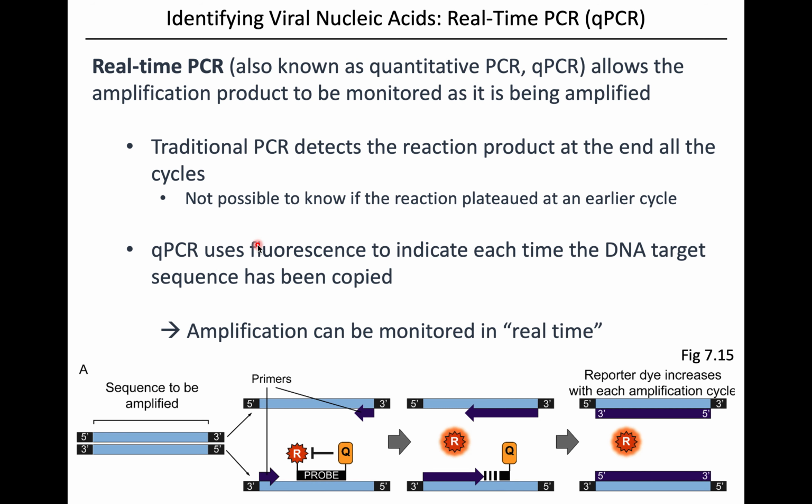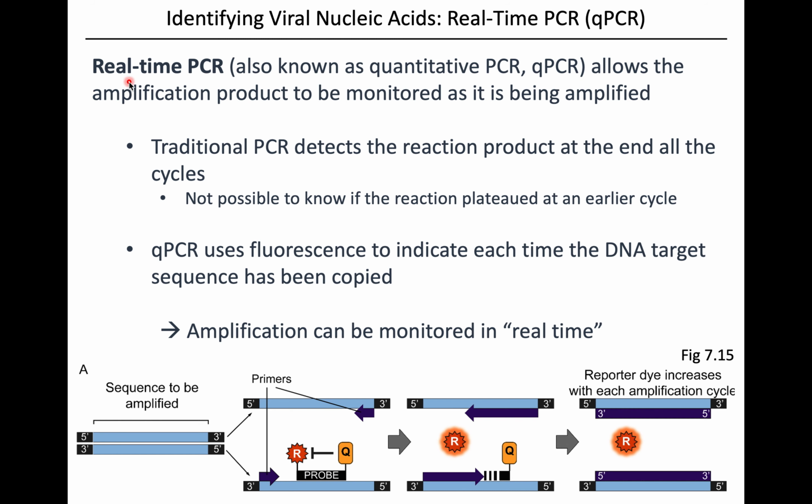I'm not going to go into all the details here, but in traditional PCR, it's basically just a yes/no test, right? Did a particular primer set amplify something? If yes, then that meant that virus was present. If no, then maybe the virus wasn't present or the PCR failed for some reason.